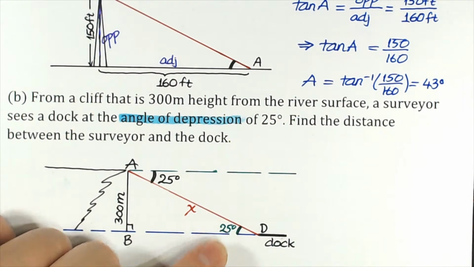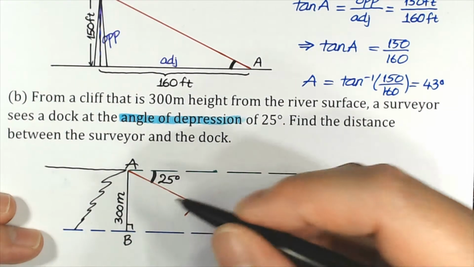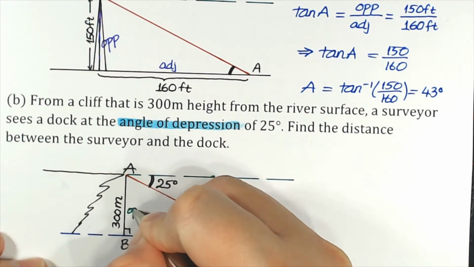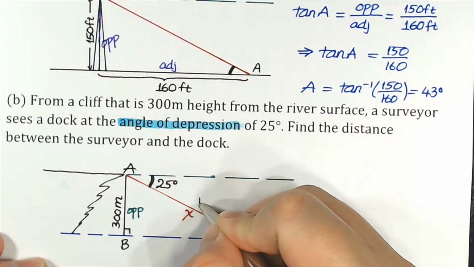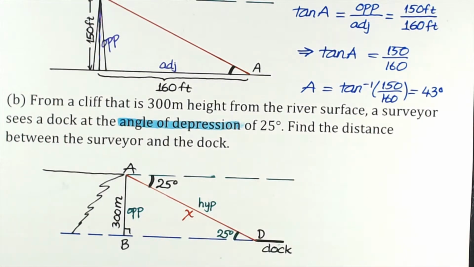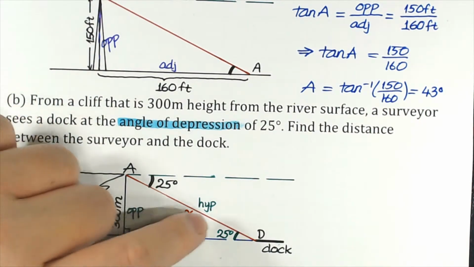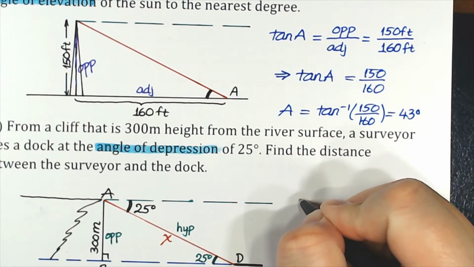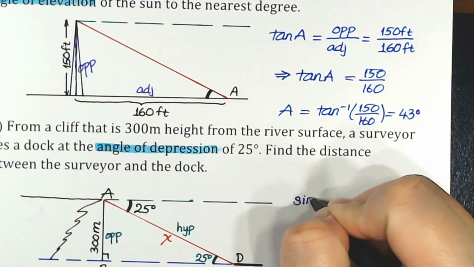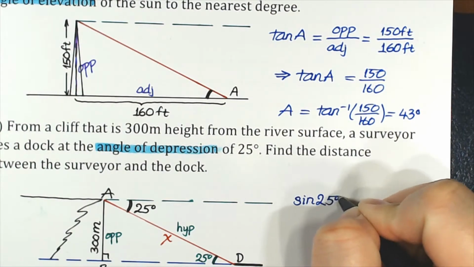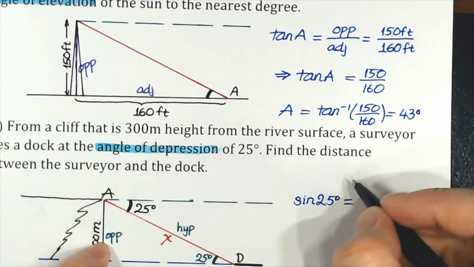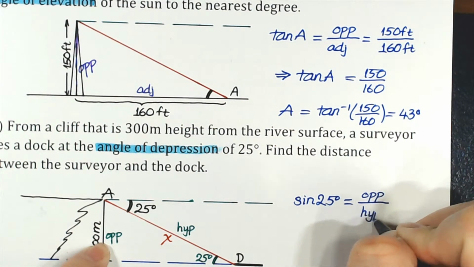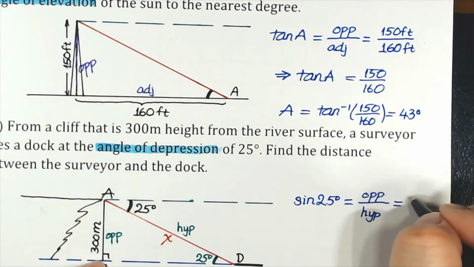With respect to the 25 degrees, 300 meters is the opposite, and x is going to be the hypotenuse. We just need to find a trig function that has opposite and hypotenuse. So that's going to be sine. So we have sine of 25 degrees equal to opposite over hypotenuse. Opposite is 300.